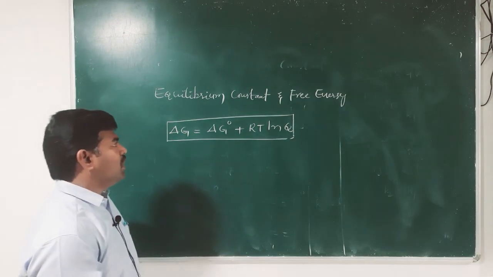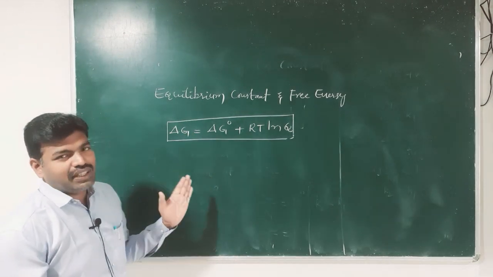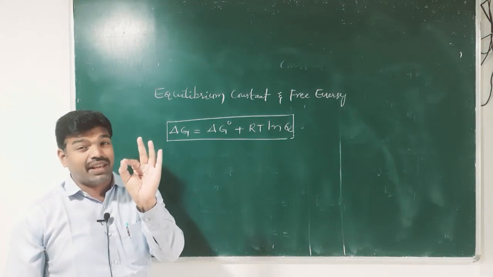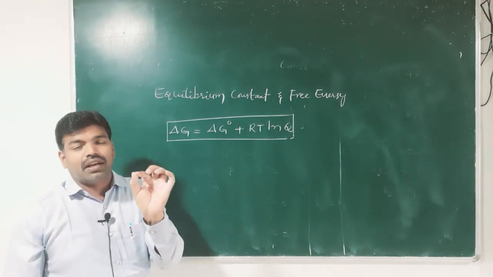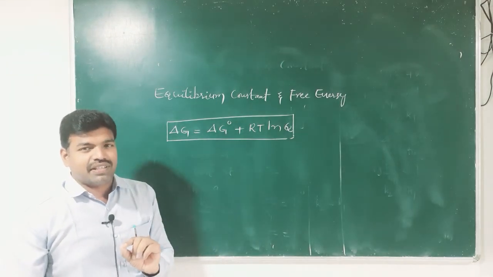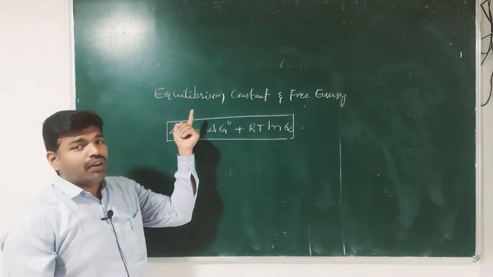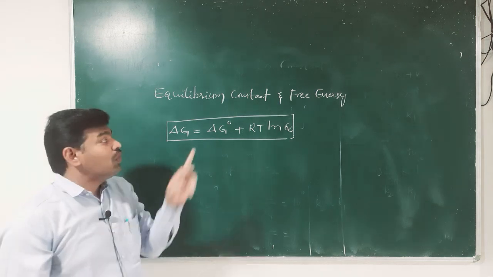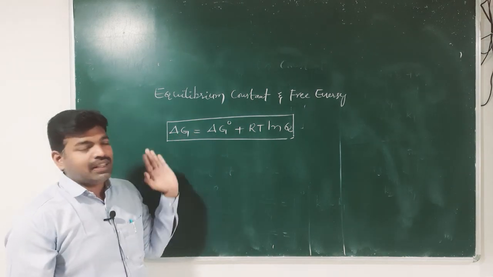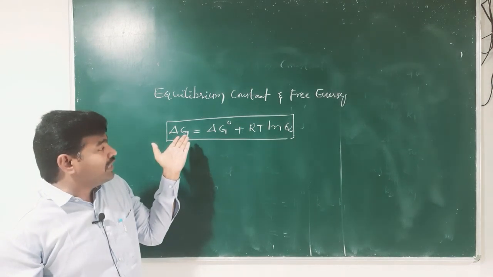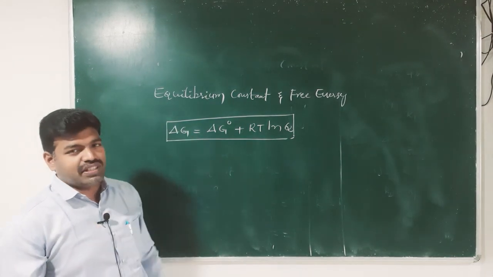Next, the most common phenomenon in reversible reactions is equilibrium. Equilibrium is established in reversible reactions, and we can write the equilibrium constant only for reversible reactions. So we can apply this thermodynamic equation to the equilibrium constant.